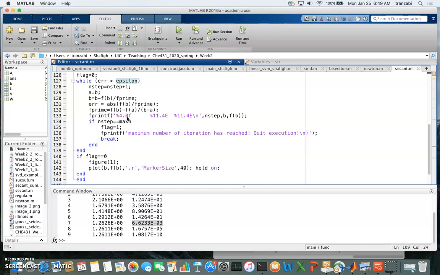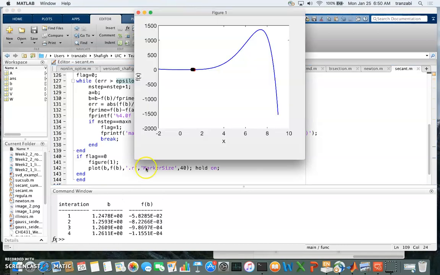Well, 0 decimal digits which means integer, and that's basically number of steps. Okay, and then we check if the number of steps goes beyond the maximum number of steps, we're going to stop. At the end, we're going to plot. If actually we didn't hit this error, we're going to plot the points of b and f of b with red dots on a plot. So then run the code, and you see that.